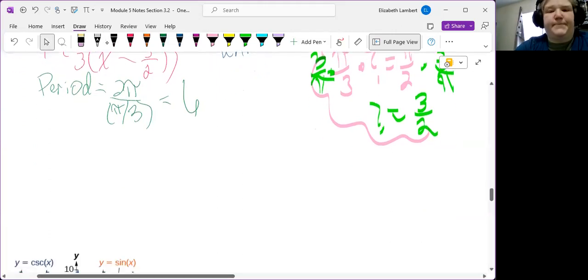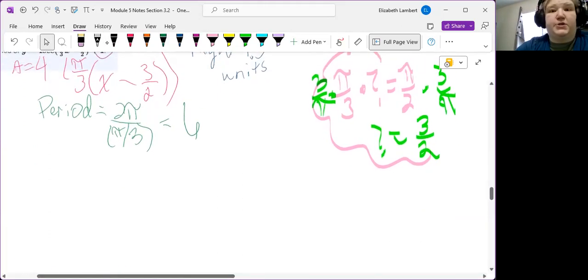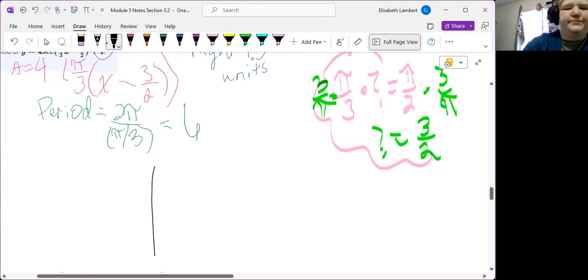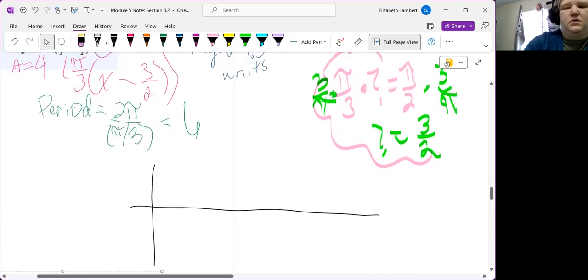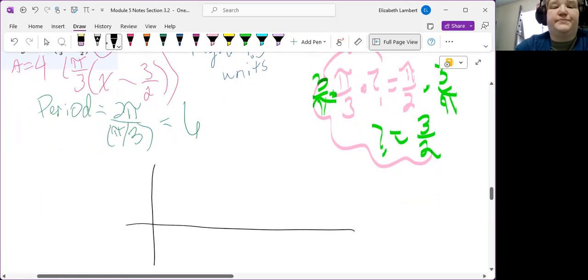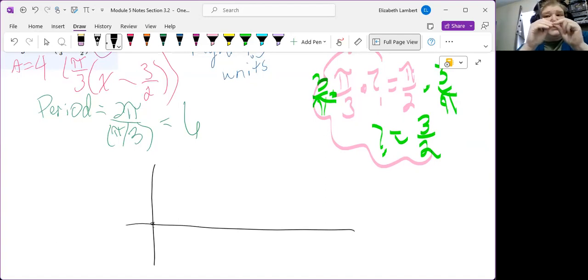Okay. So now we're going to try to graph this insane mess. So it's going to go right and up. So let me just move that a tiny bit down. So our normal cosine graph actually starts above the x-axis, but if we think about that 0, 0 point and we shift that around, then we can find the cosine point off of that new location.